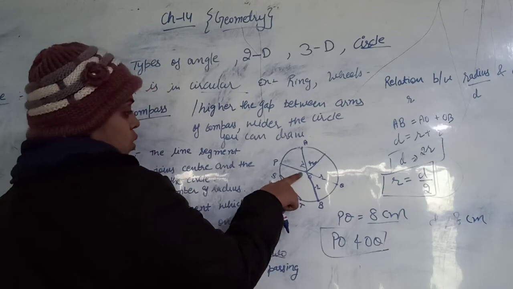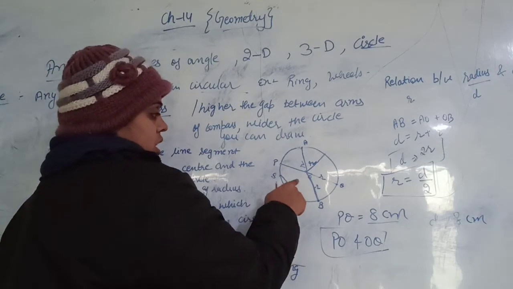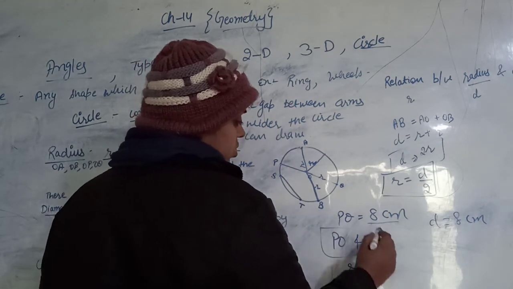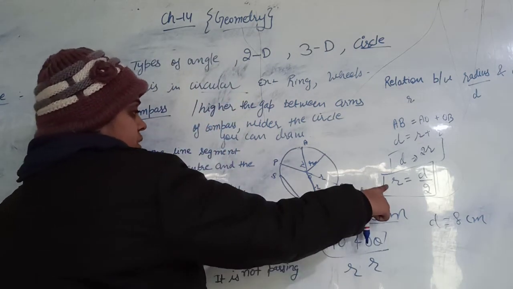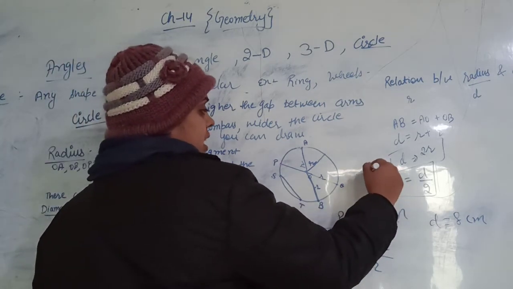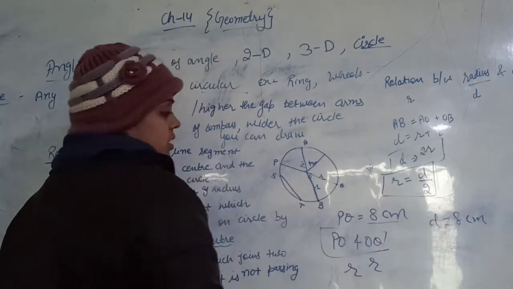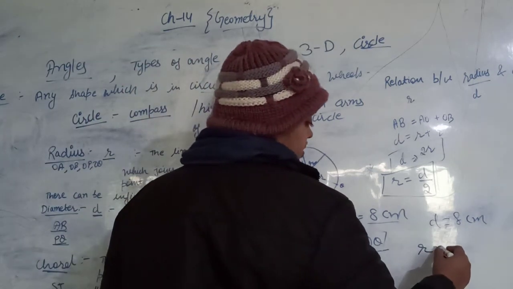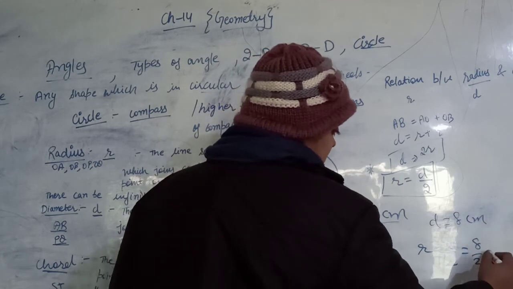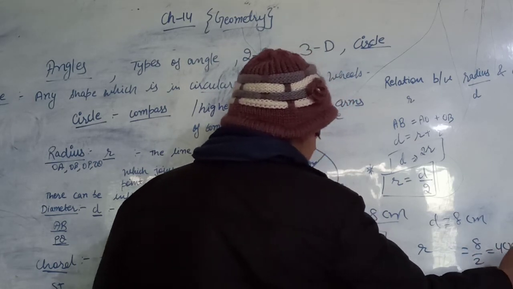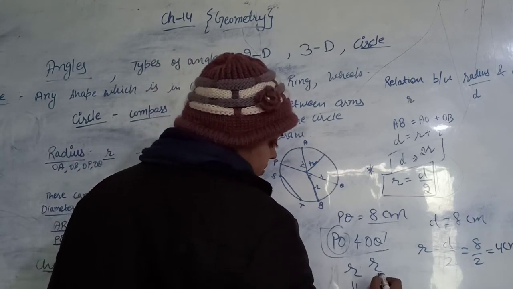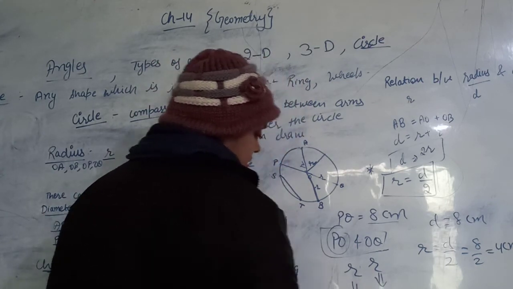We have to find OP and OQ. So beta, OP is what? Radius, and OQ is also radius. When we find the radius, the relation is that radius equals half of diameter. So 8 by 2, that is 4 centimeter. So OP is 4 centimeter and OQ is 4 centimeter.